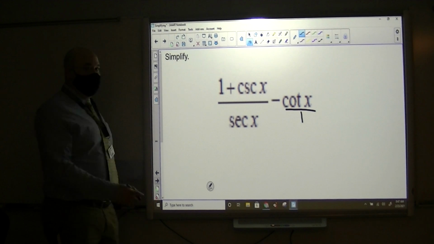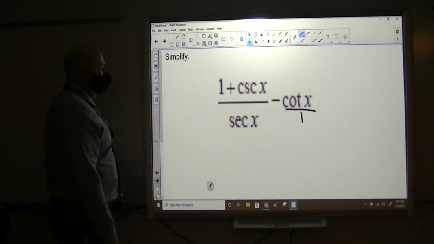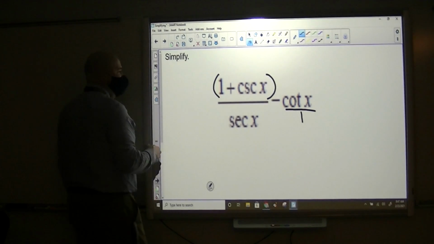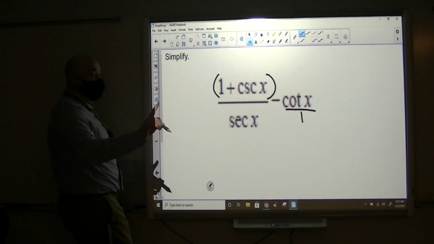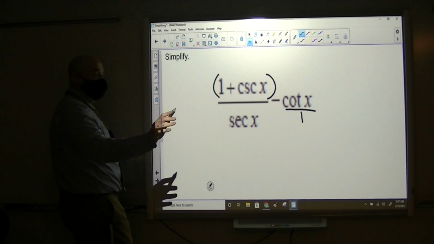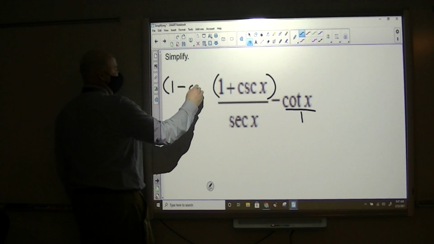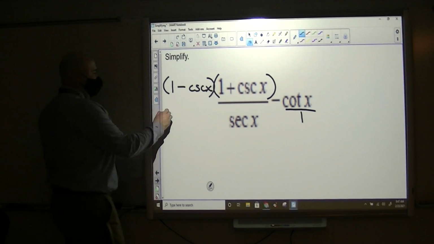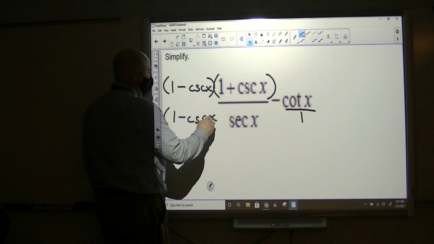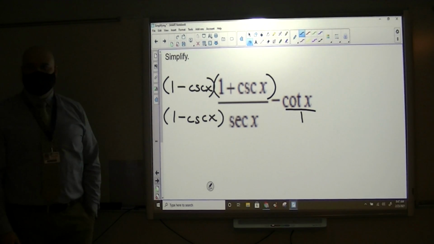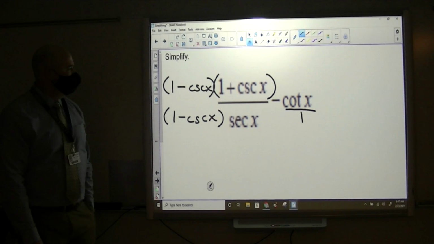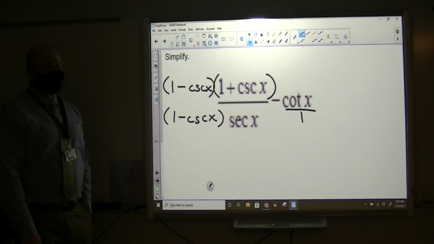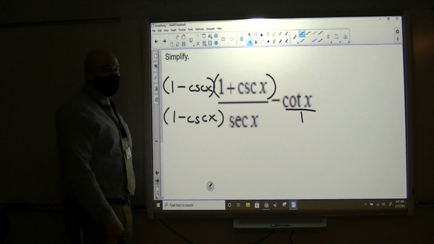Its conjugate, like we saw in the opener, like Nicholas was kind enough to share with us his supreme knowledge, I could, and don't write this down, because I'm not saying I want to do this, I'm just saying I could multiply by the conjugate of that on the top and the bottom. Now, that would create quite a bit of work for us. All right? It's not a terrible idea, but it's not the best approach to a problem like this.